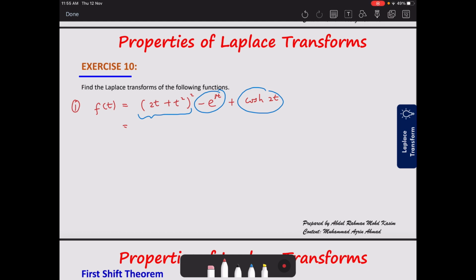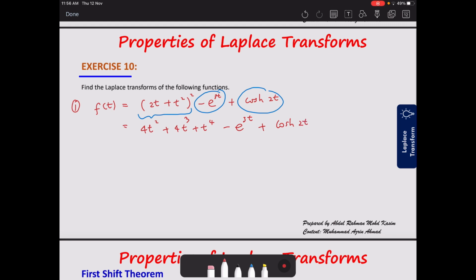So how do we expand this one? You will have 4t squared, then 4t cubed, then t to the power of 4, then negative exponent 3t plus cos 2t.